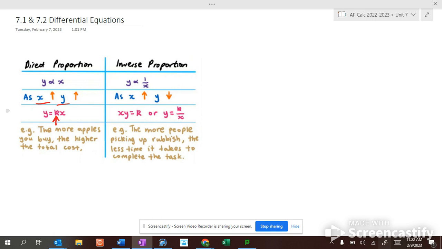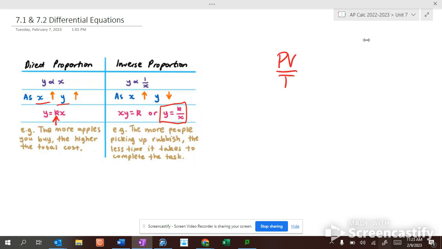An inverse relationship, as one increases, the other decreases, so we normally write it as y equals k over x. So the gas laws: volume, pressure, temperature, from chemistry. Some of those are direct variations, some of those are inverse variations.